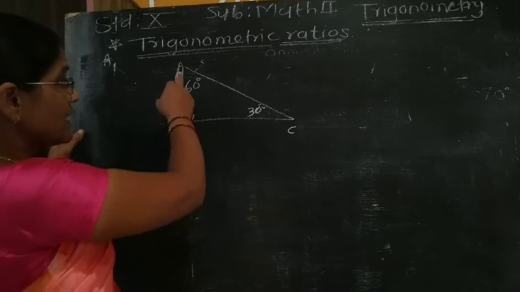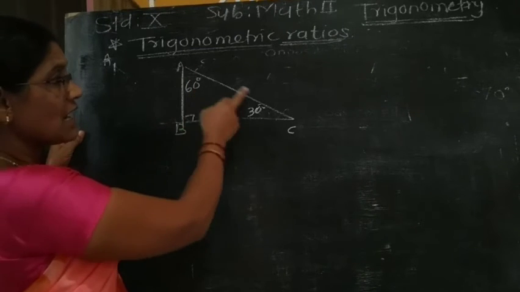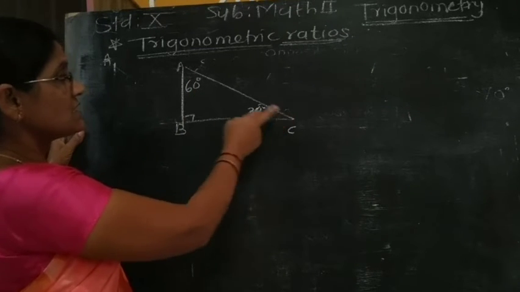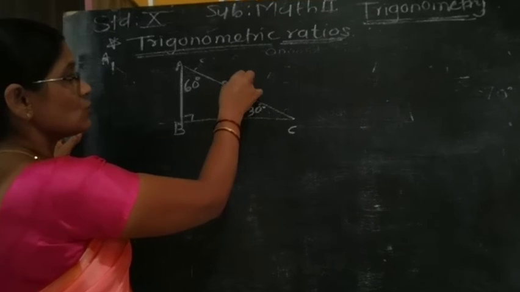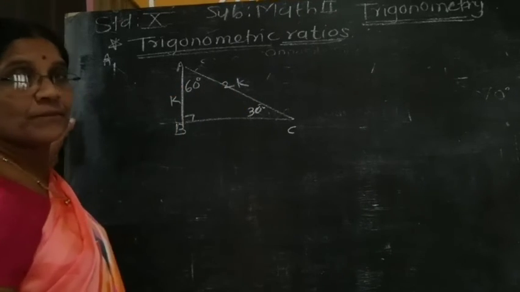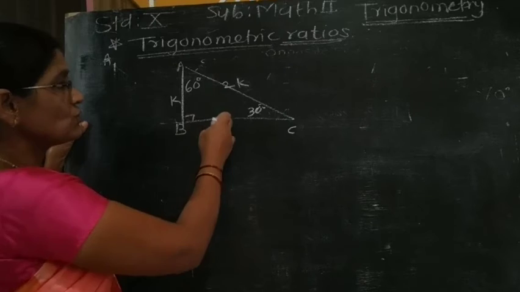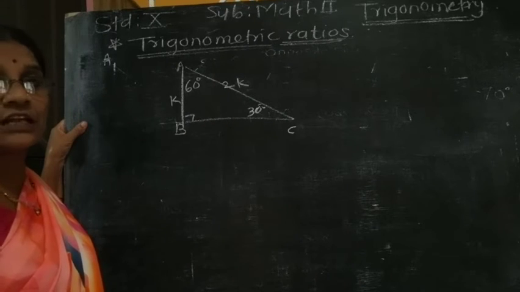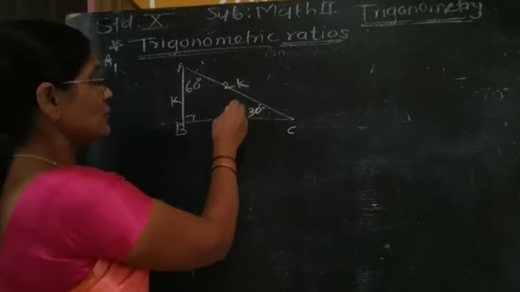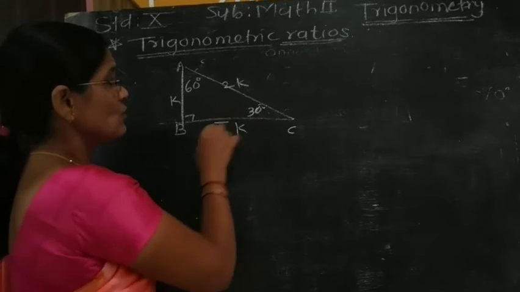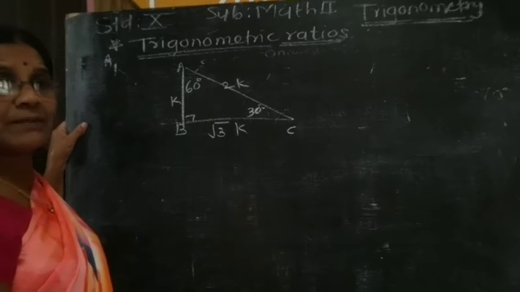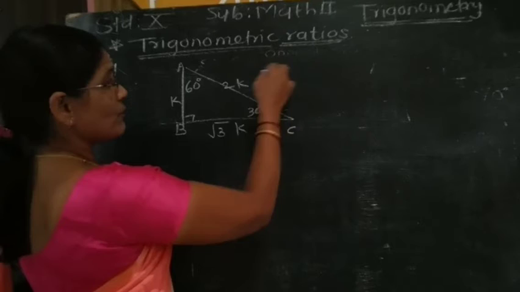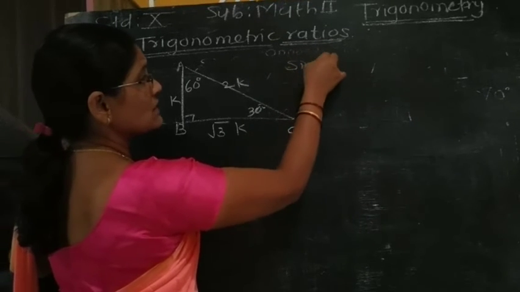Means this side AB is half of AC. Means if we consider this side as 2k, this side will be k, and the side opposite to 60 degree is root 3 upon 2 times the hypotenuse. Means this will be root 3k. K will be a multiple, any multiple, and from this we can find out all ratios.